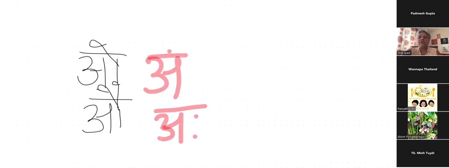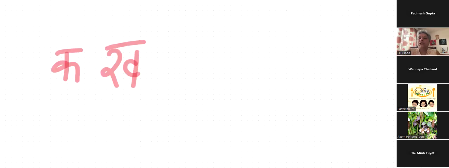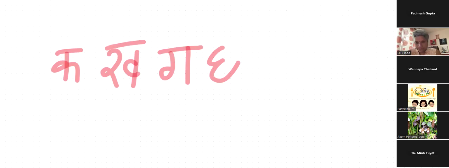Now we do the first line of consonants, which is K se kamal, Kh se खरगोश, G से गणेश, घ से घर, and then ण.